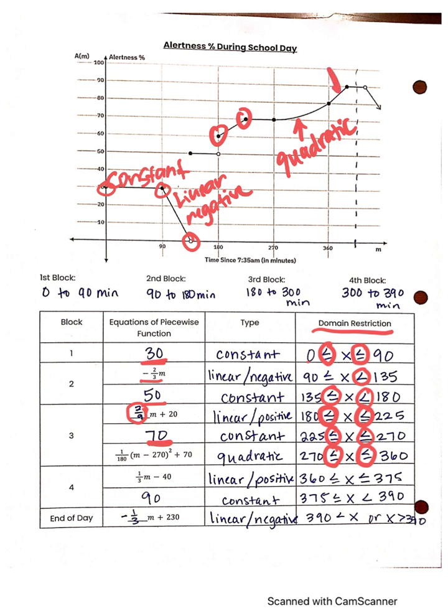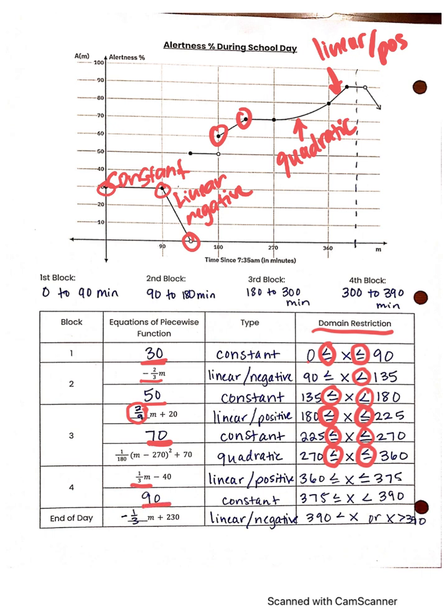The next piece we said was linear positive. So as you can see from my equation, 1/3 m, that shows a linear function, and the slope 1/3 is positive. That piece is valid from 360 minutes to 375 minutes. The next function is another constant function.